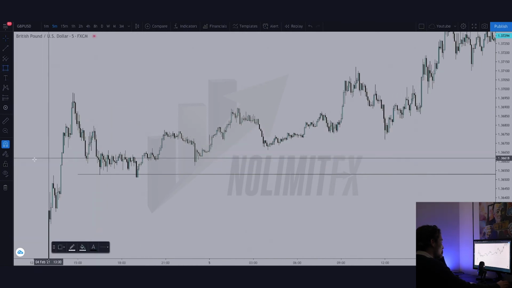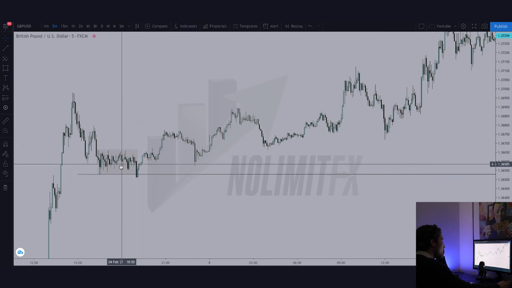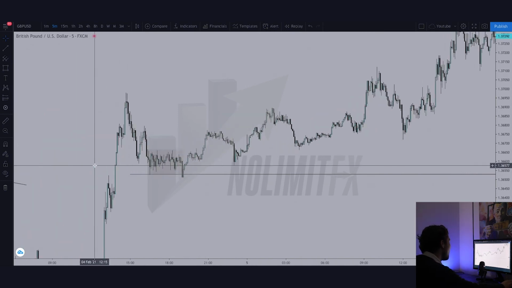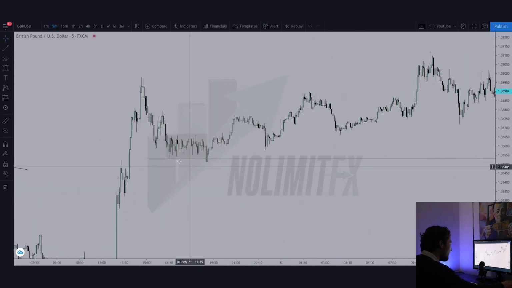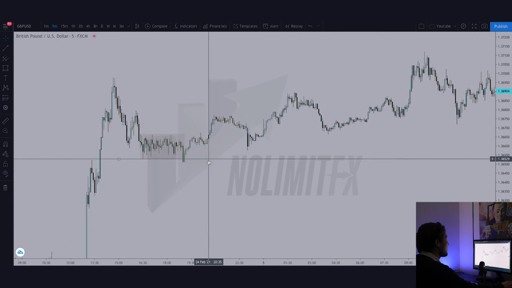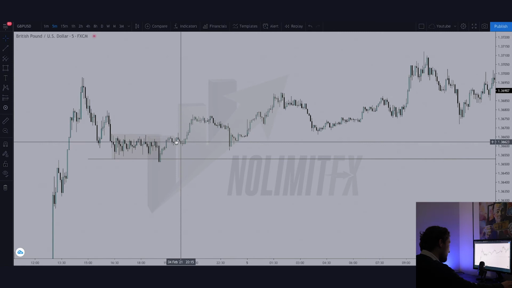Look what we have here. Again, sideways market. Market makers are accumulating orders. We took out so many traders who are trading ranges, many retail traders, and especially the aggressive ones, will trade this breakout, this false breakout.